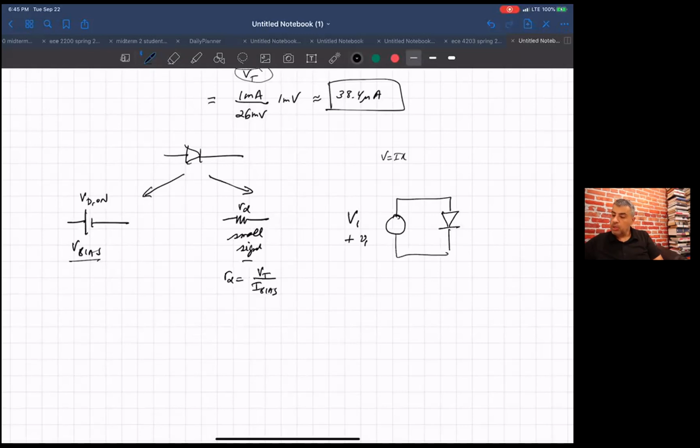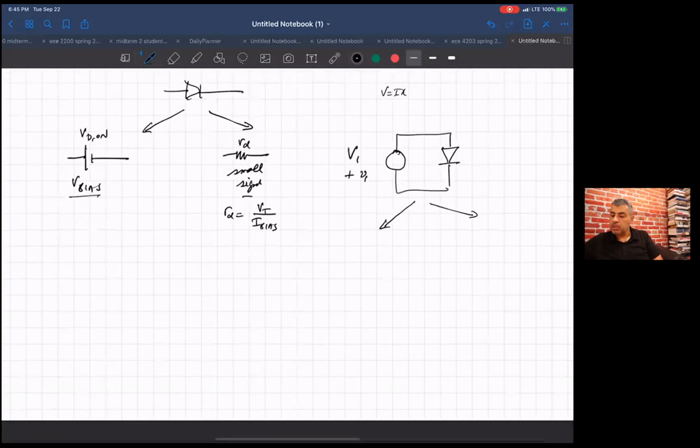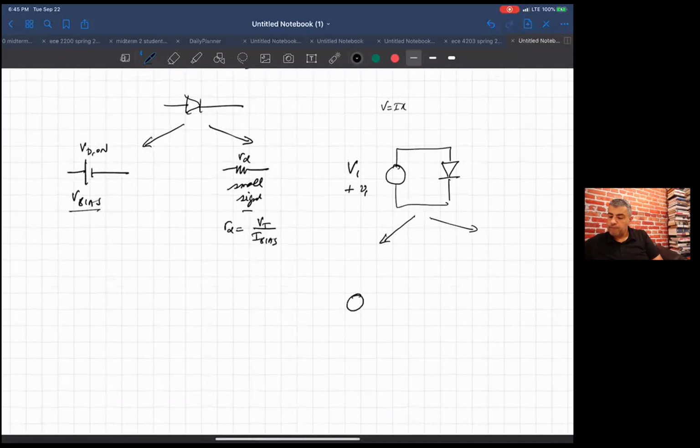Okay, and you basically want to solve this to see what this does. You basically treat this like two separate circuits. Let's say I have a resistor here.